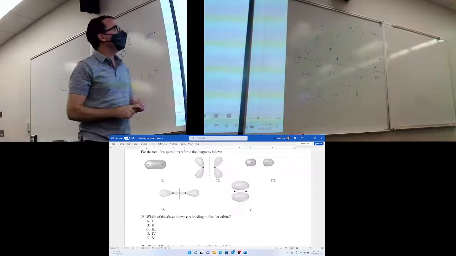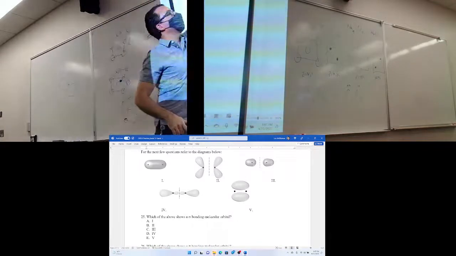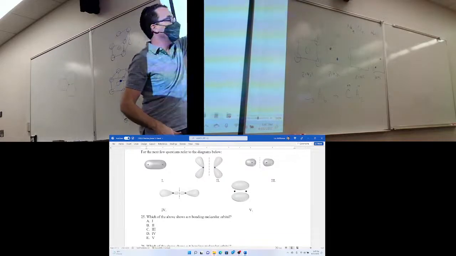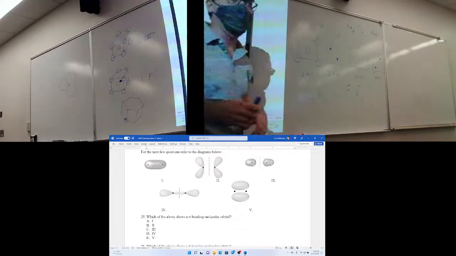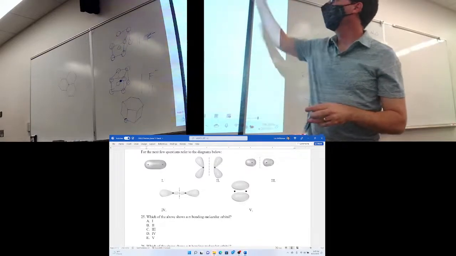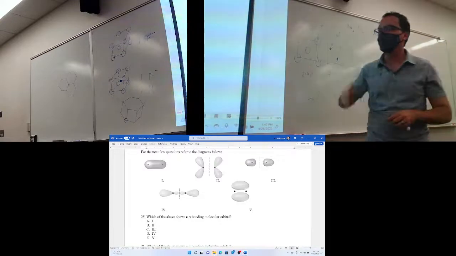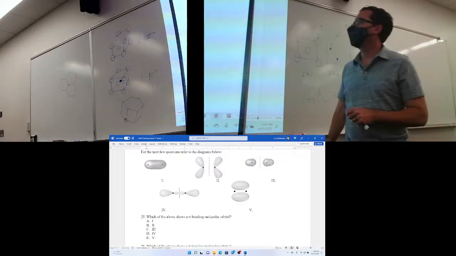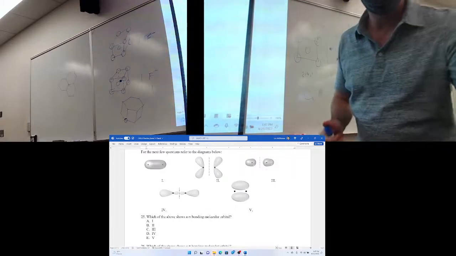So this is a sigma bond between two s orbitals. And it's bonding because there is electron density between the two atoms. This is actually the sigma antibond. It's the two s orbitals overlapping and canceling each other out where they overlap to make 0 electron density. We're emphasizing the 0 electron density line with that dotted line there. So 1, sigma bonding.